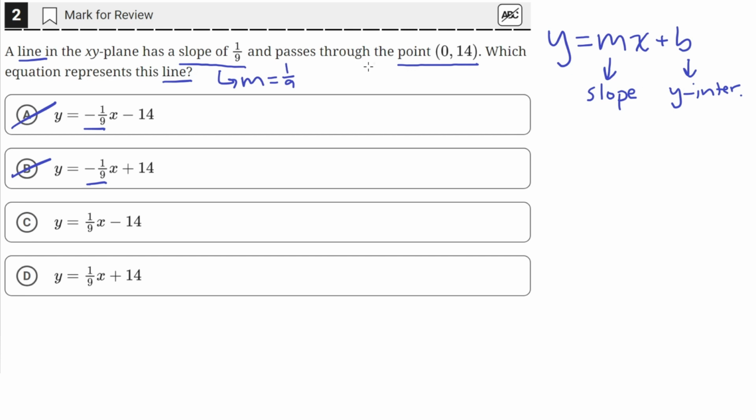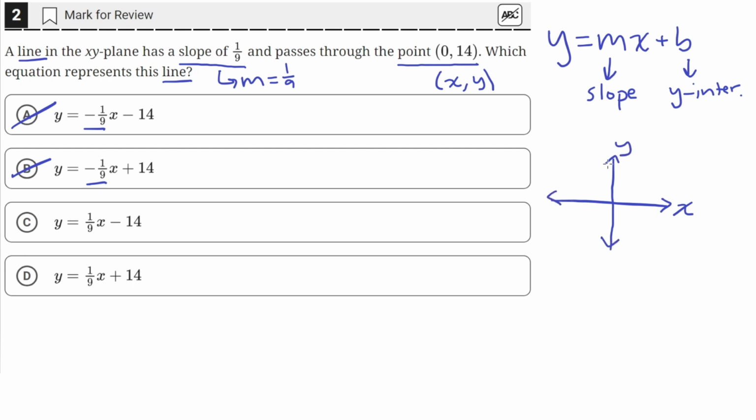Okay, the problem statement also tells us that it passes through the point 0, 14. Now, 0, 14 has an x-coordinate of 0, which means that this point lies on the y-axis. If we draw this here, we have x and y axes.